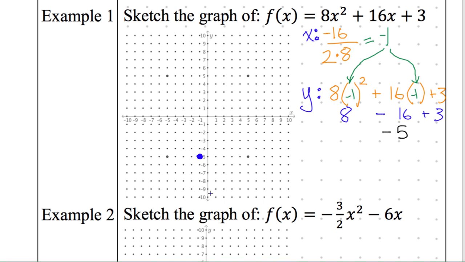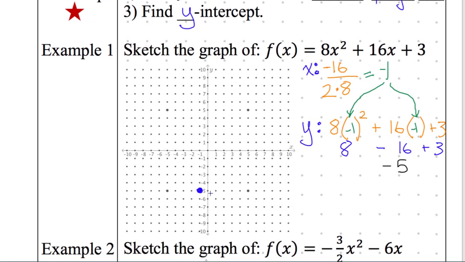All right, now I need to find the really easy step 3. Step 3 is to do what, and where do I put that? Who can do step 3 for me? Jose? Yeah, what is the y-intercept? Look at the very, very first line in our notes.